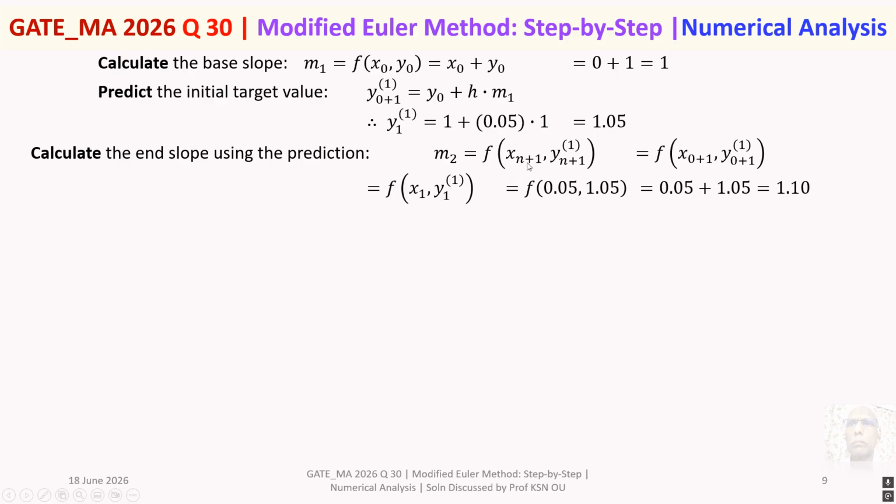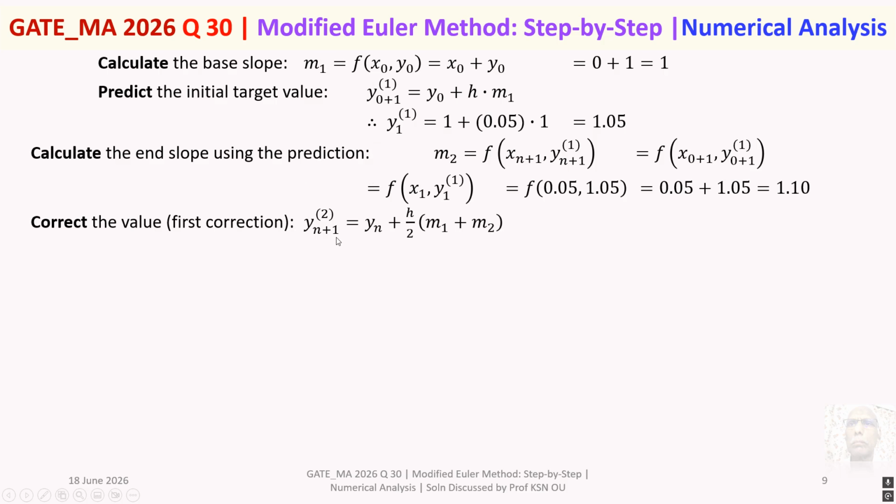That is f of x1 is 0.05, y1 superscript 1 is 1.05, and that is 0.05 plus 1.05, that is 1.10.